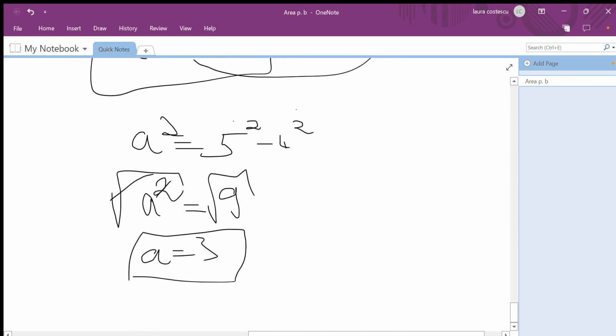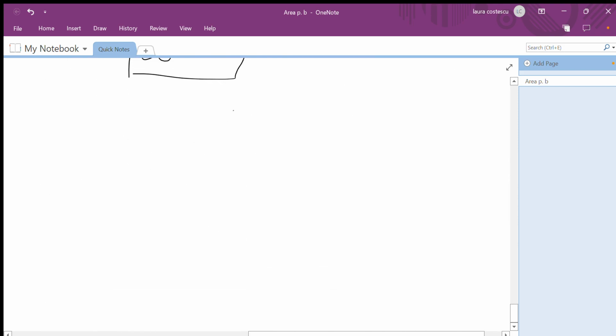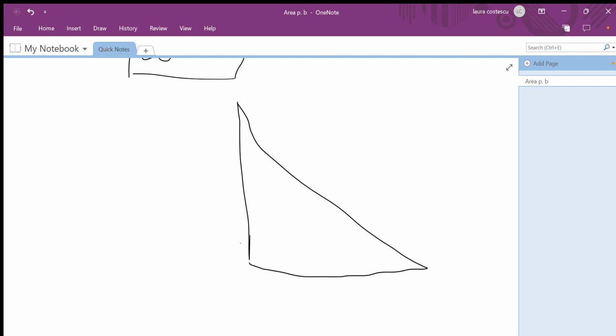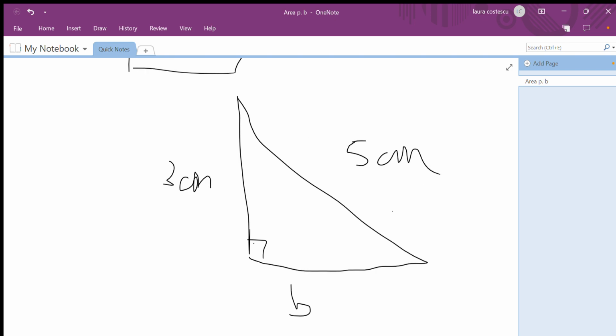Now let's do the same thing, but for b. This is 3 centimeters, of course without checking, because that would not be nice. Well, it's actually very simple.